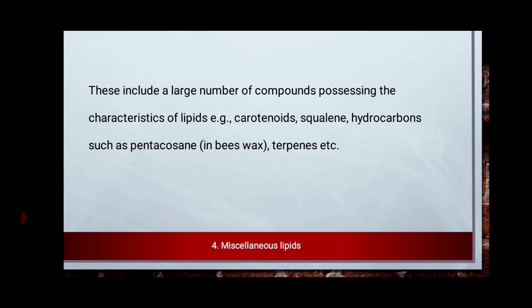For example, carotenoids, squalene, hydrocarbons such as pentacosane, which is present in the beeswax, and terpenes, etc. Basically, these are not the lipids, but these are chemical compounds which possess some characteristics of lipids.